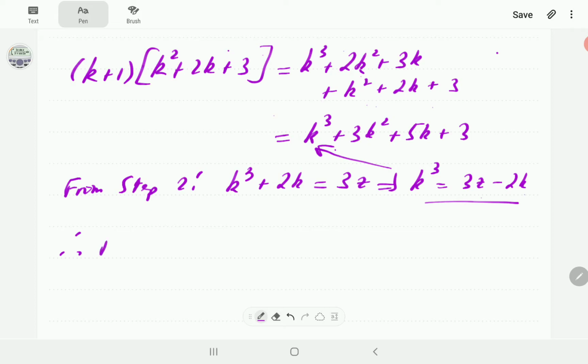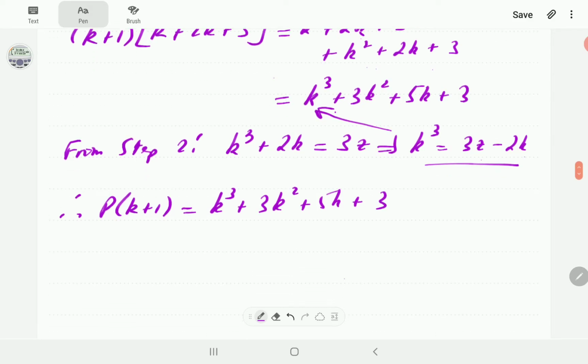So then P of k plus 1, which is currently k cubed plus 3k squared plus 5k plus 3, instead of k cubed, we are going to substitute this one in here.